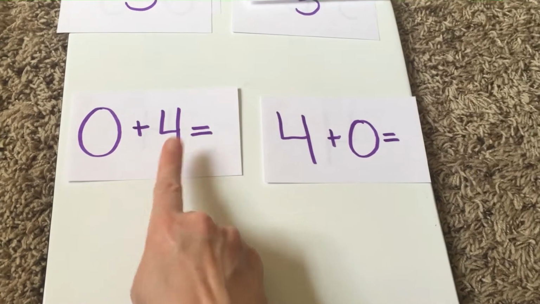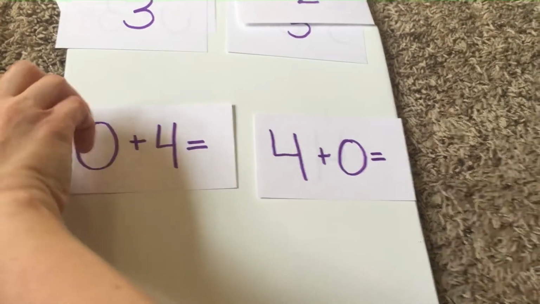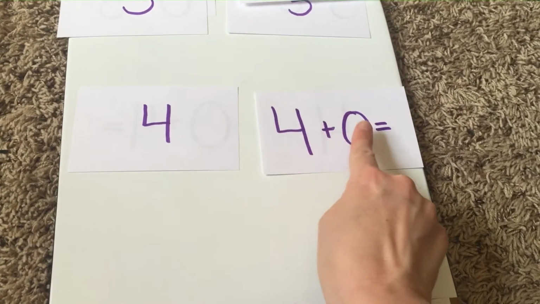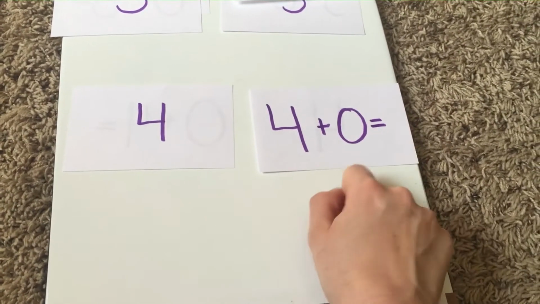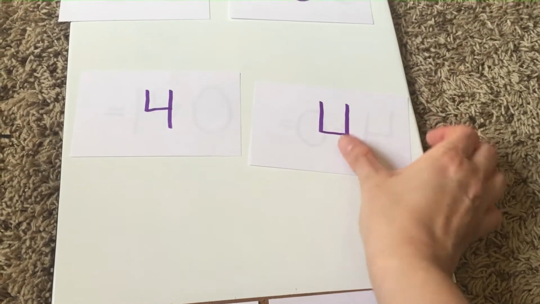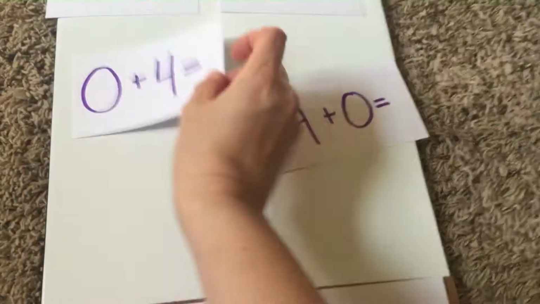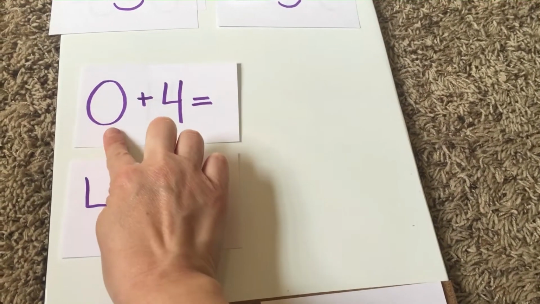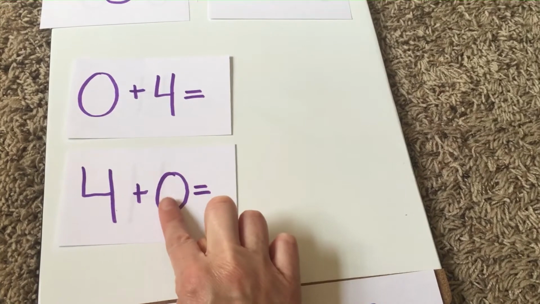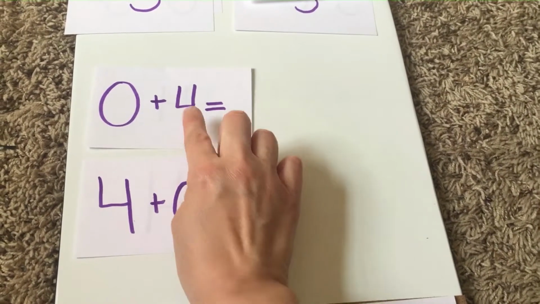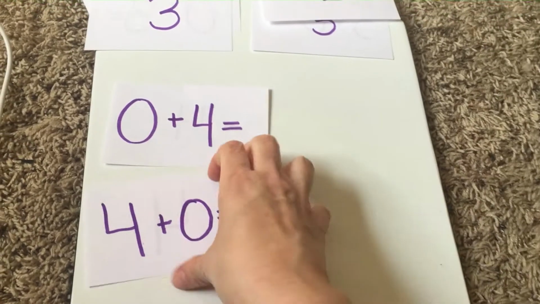0 and 4 is the same as 4. 4 and 0 more is the same as, you're right again, 4. Notice that those numbers are just flip-flopped. You can have the 0 first or the 0 in the next spot. The 4 can be first or the 4 can be here, but they're still the same.